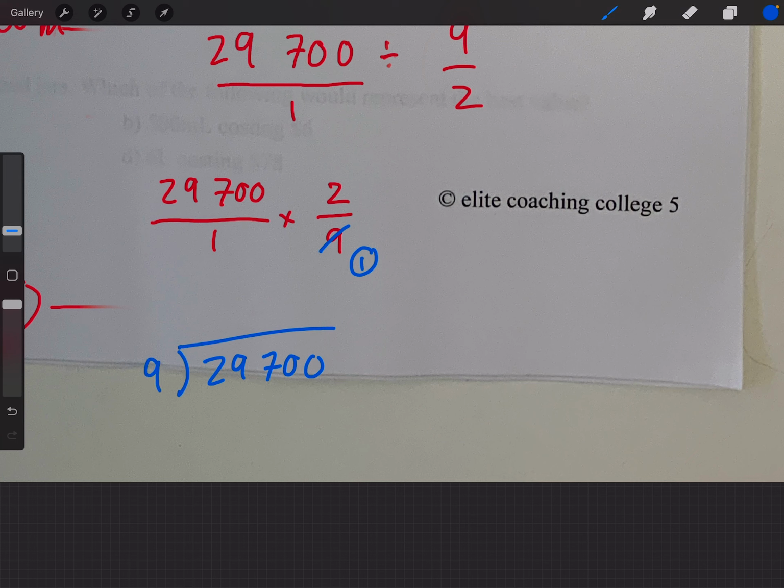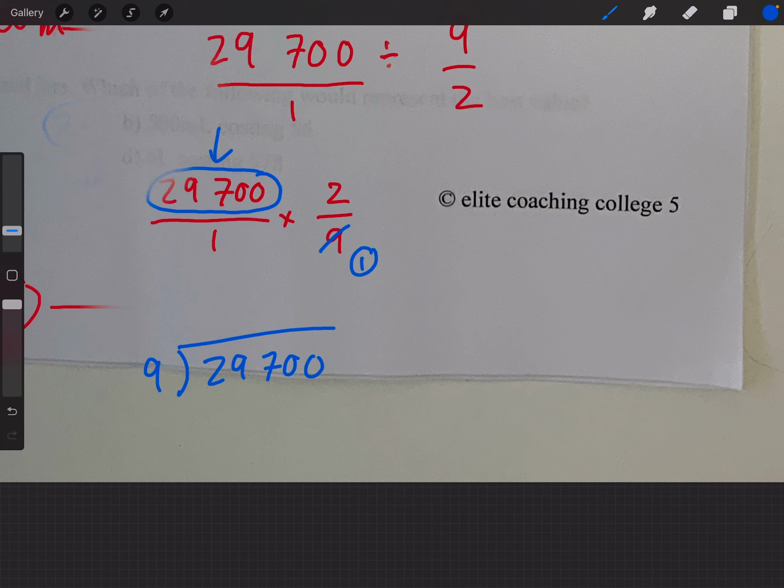Now how do I know this is divisible by 9? If you remember the divisibility rule, if you add all the digits up and it's a multiple of 9, then it's divisible by 9. So 2 plus 9 plus 7 is 11, plus 7 is 18. 18 is a multiple of 9, therefore this number is divisible by 9. That's just the divisibility rule.